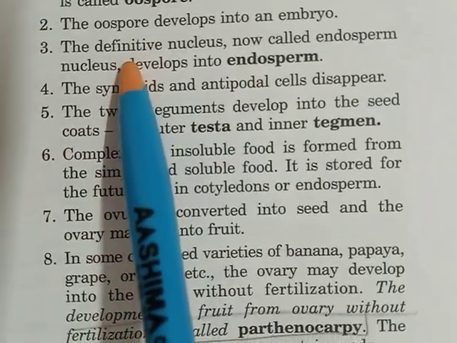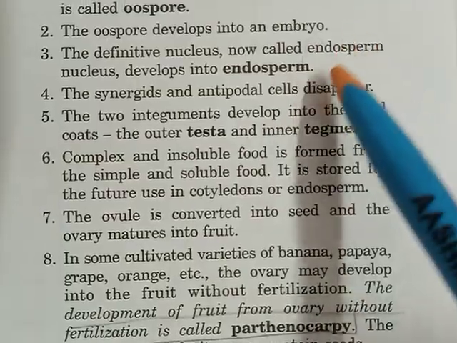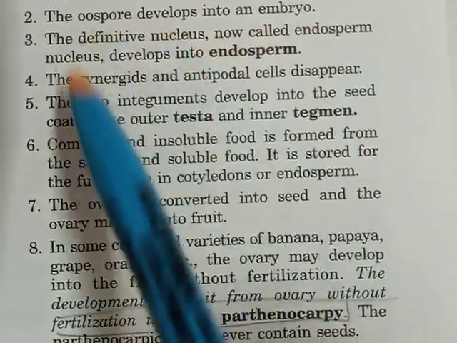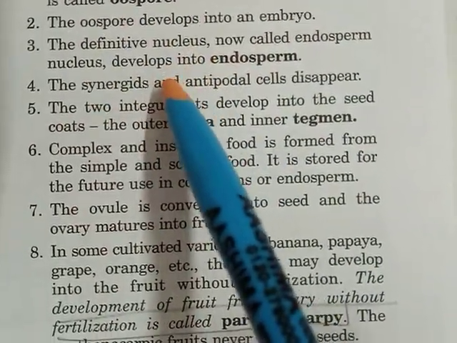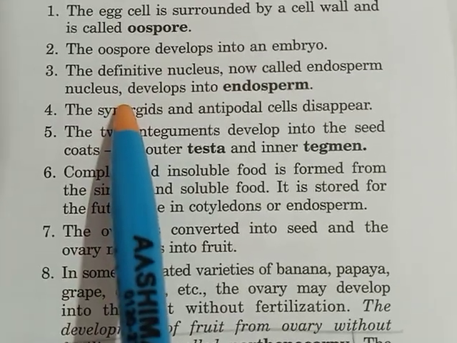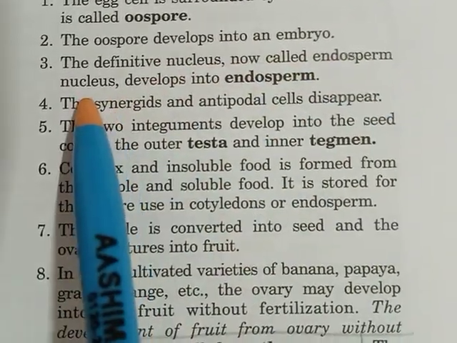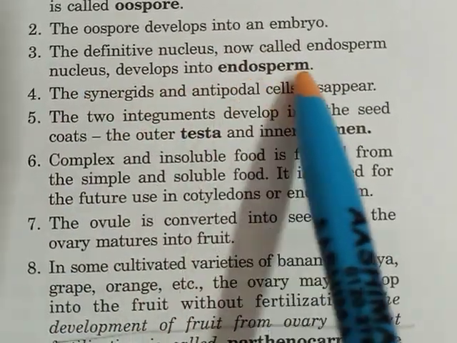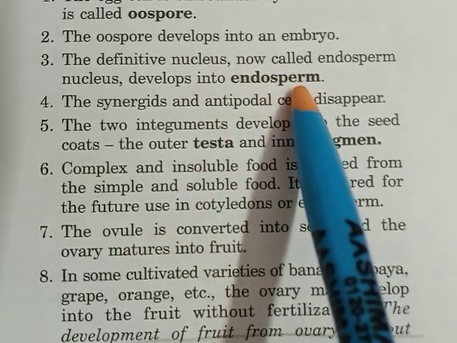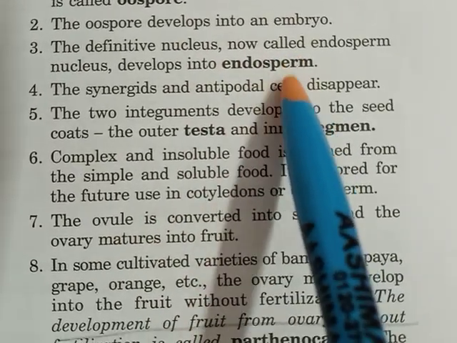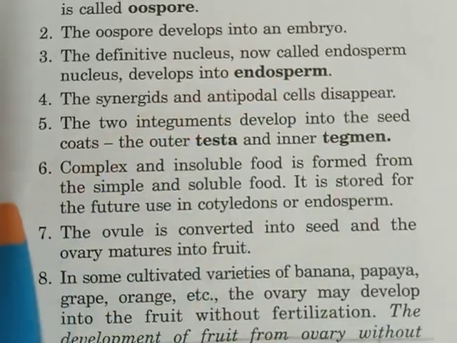So the secondary nucleus, after the fusion with the second male gamete, forms the endosperm nucleus and it develops into endosperm. This endosperm provides nourishment to the developing embryo.